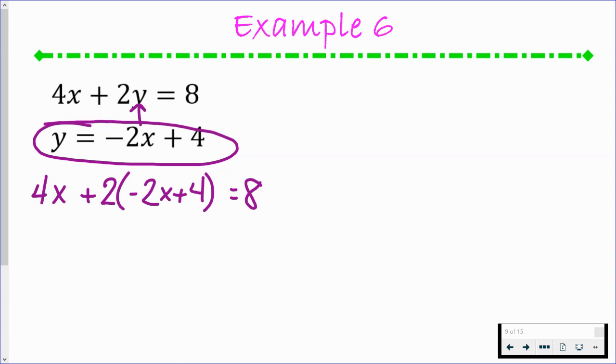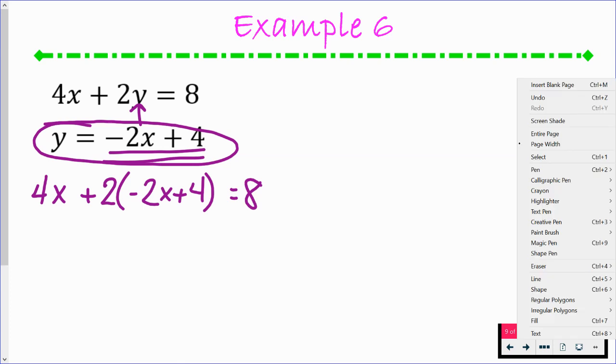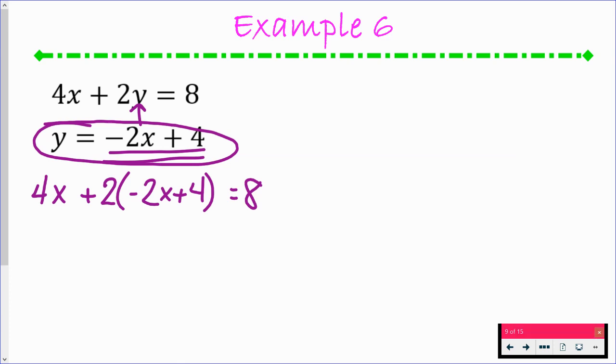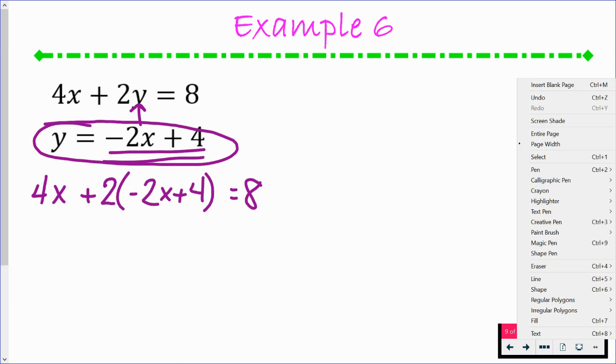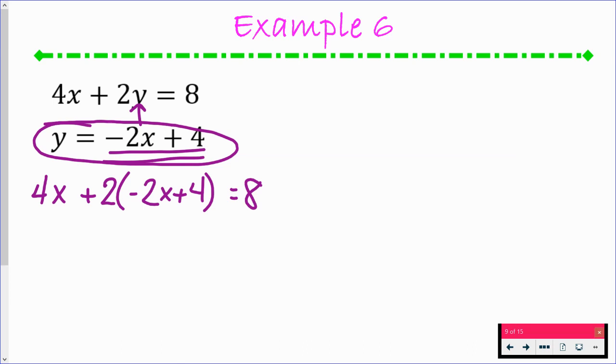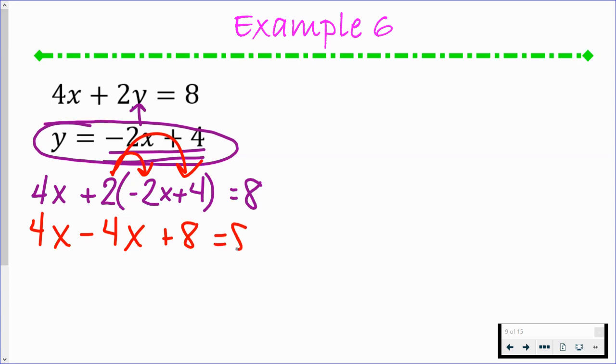So all I did is I took this negative 2x plus 4 and I replaced the y with that. Now I'm going to distribute the 2. Now I'm left with 4x minus 4x plus 8 equals 8.